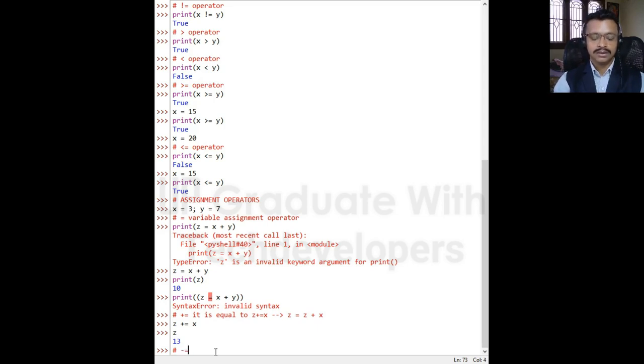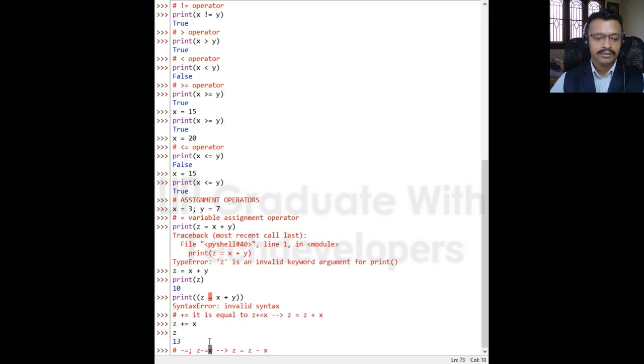Okay, next we have minus and. So it is like z minus is equal to x, and it is equal to z is equal to z minus x, means it subtracts the right operand from the left operand.